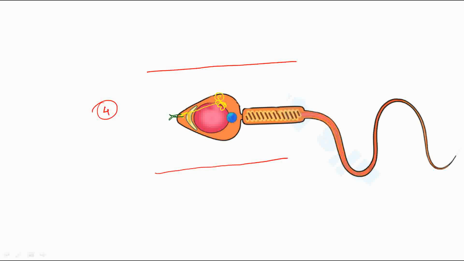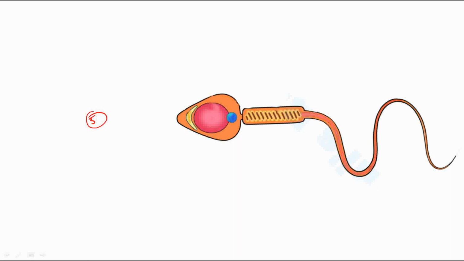That is the fourth change. Then what is the fifth one? Fifth molecular change is that some alteration changes will happen in the acrosome membrane and it will start to meet with the sperm cell membrane. These are the 5 important molecular changes that happen during the capacitation process.